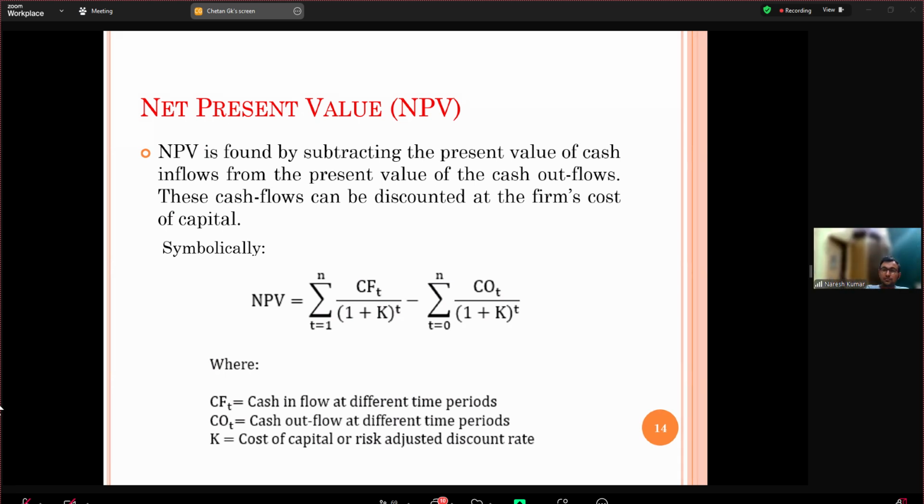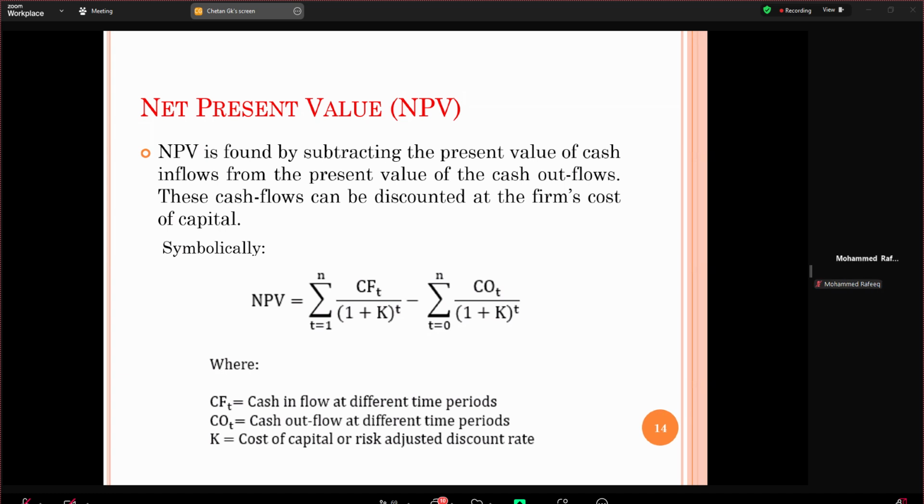Retained earnings. No, what does CFT stand for here? Cash inflows, right? Tell me what are the types of cash inflows? Sales, rent, inflows from operations, inflows from financing, inflows from investing, dividend.